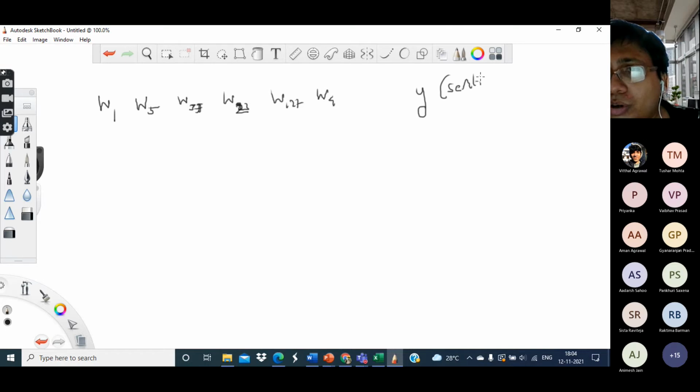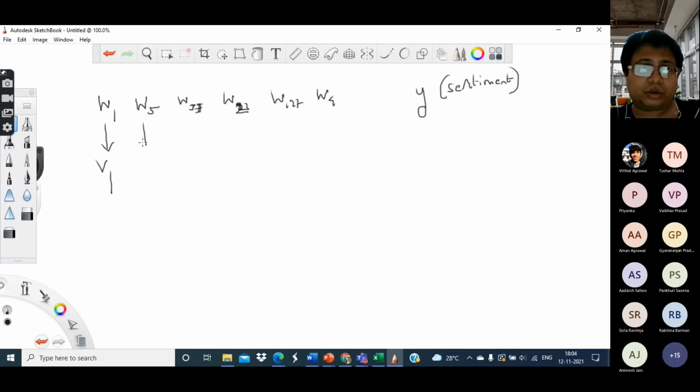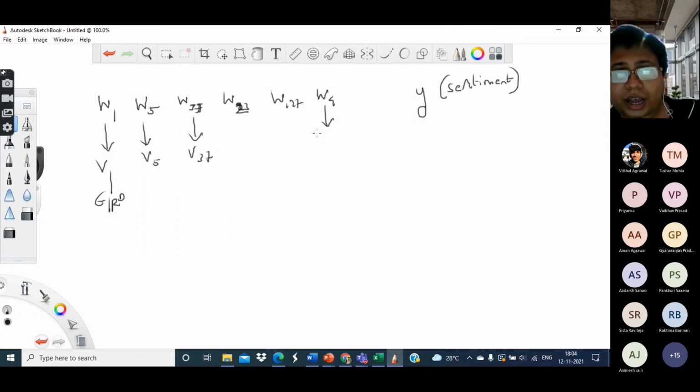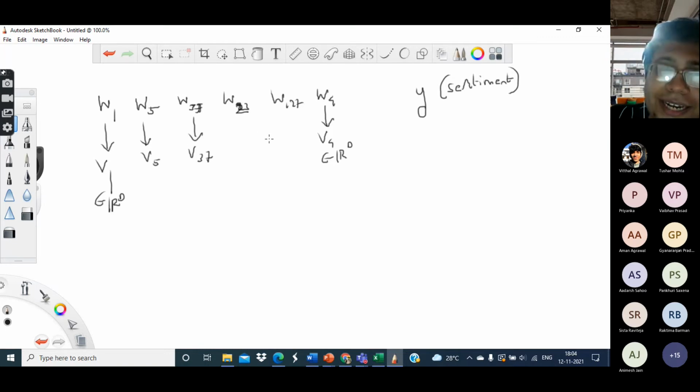So what should I now do? Each of these words, I know their vector representation. The word W1 is represented by vector V1, which is a d-dimensional vector. Similarly, the word W5 is represented by V5, W37 by V37, etc. Once I have all these vector representations of the individual words, I will have to make a vector representation of the whole sentence.